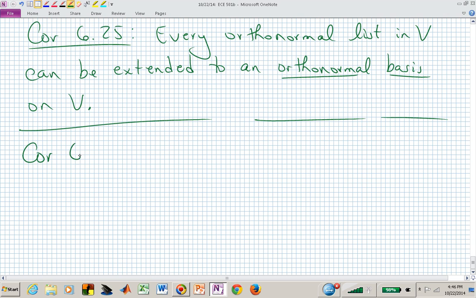Corollary 27. Suppose we're given T in L(V). What's that saying? So now T is a linear operator on a vector space V, isn't it?